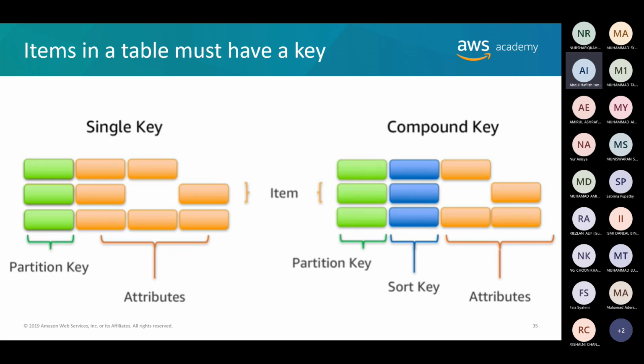For example, if you wanted to model a table with products, you could use an attribute like the product ID. Alternatively, you can specify a compound key, which is composed of a partition key and a secondary key. In this example, if you had a table with books, you might use the combination of author and title to uniquely identify table items. This method could be useful if you expect to frequently look at books by author, because you can then use a query.